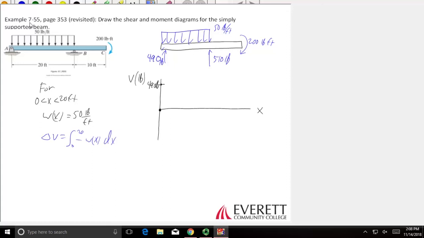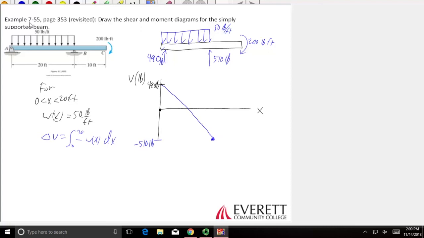So if I take the area under that curve, it's just 50 pounds per foot times 20 feet. The area under that curve is 1,000. It's negative 1,000 because it's pointing down. So I'm going to go from 490, 1,000 down, so that I'm at negative 510 pounds. What's my slope?